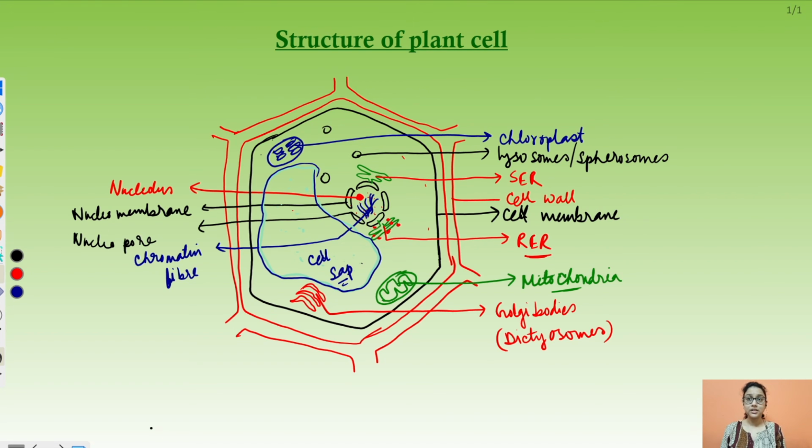There will be certain cytoskeletons also. Other cell organelles which we can find in this plant cell are chloroplast, Golgi bodies, mitochondria, endoplasmic reticulum, and we can also find some microbodies in this cytoplasm.